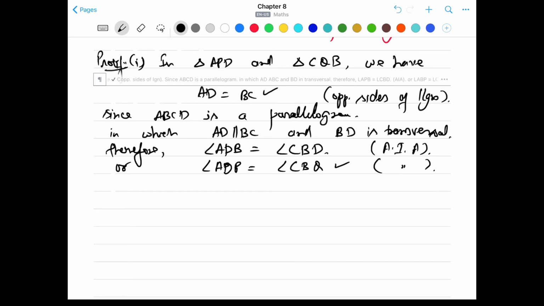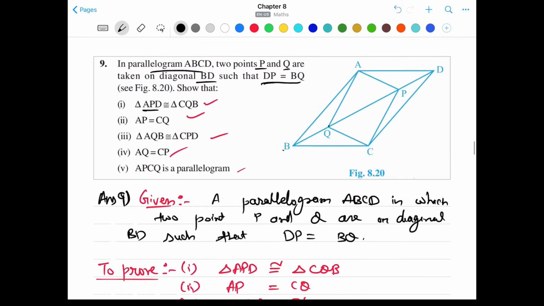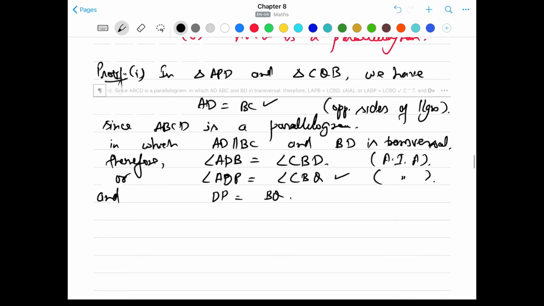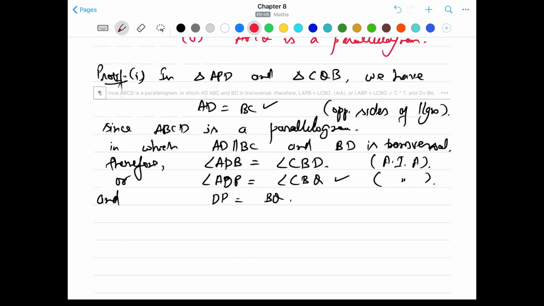So we got one side and one angle here. Now, in the question it is given that DP is equal to BQ. So what we got here is one side, one angle and another side.